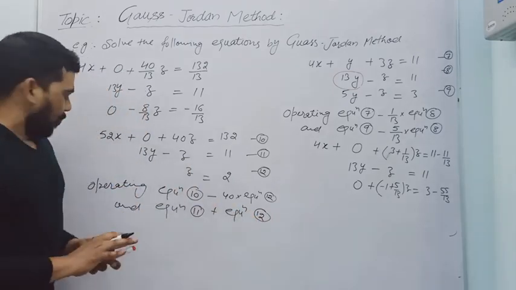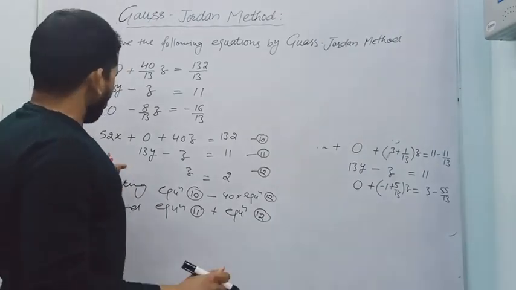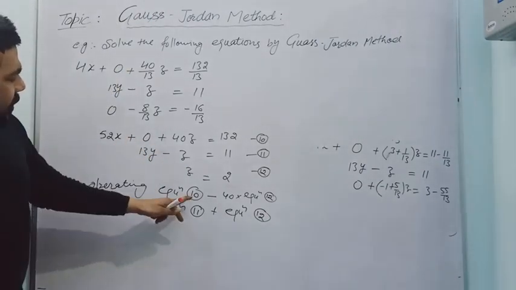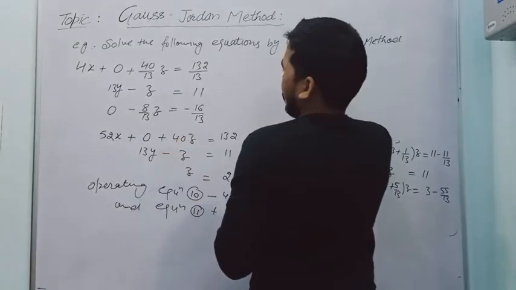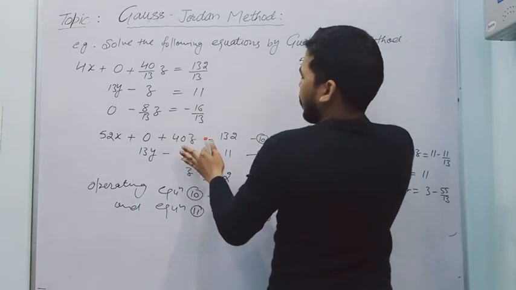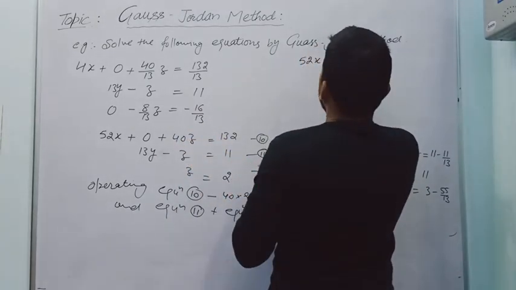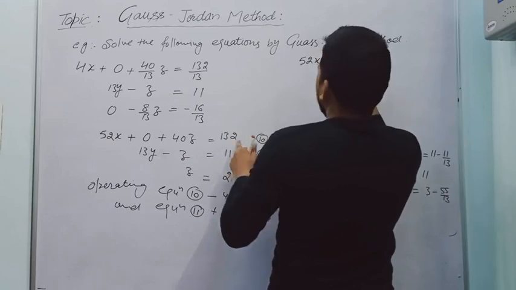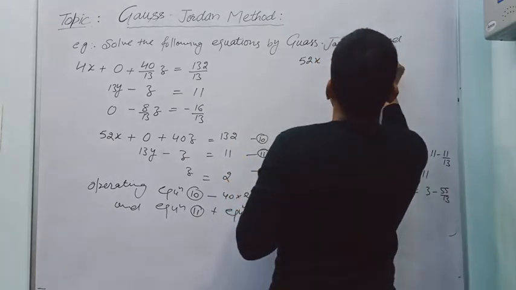Right. So when I apply this operation, equation number 10 minus 40 times this one, the 52x will be as it is. Then this is 0, no need to write. This is 40z and minus 40z, so z will be cancelled out, right? So it will be 132 minus 40 times 2, so minus 80.